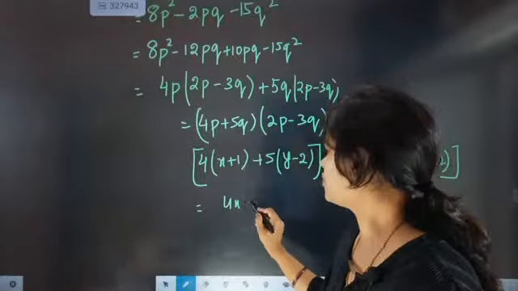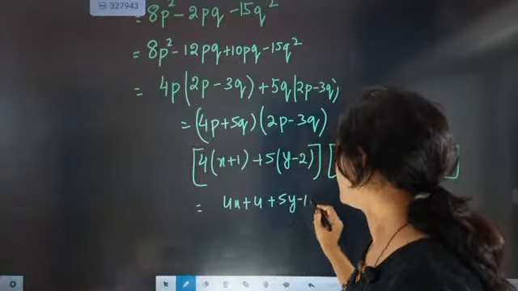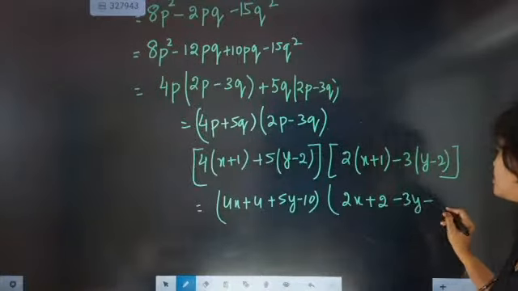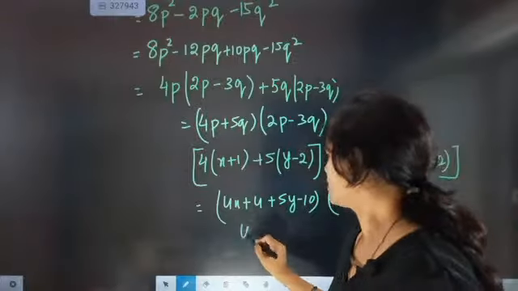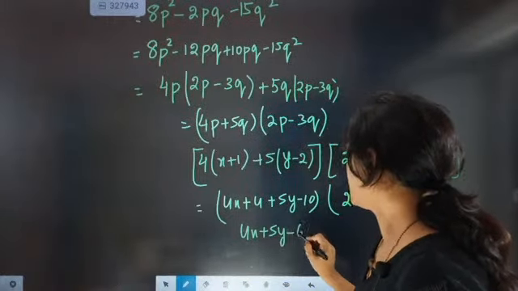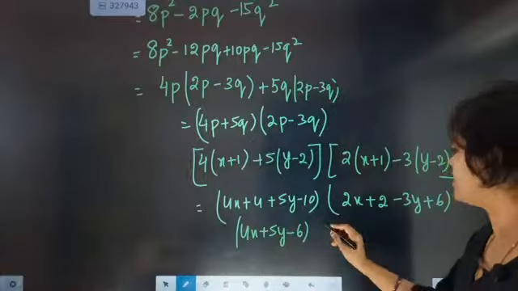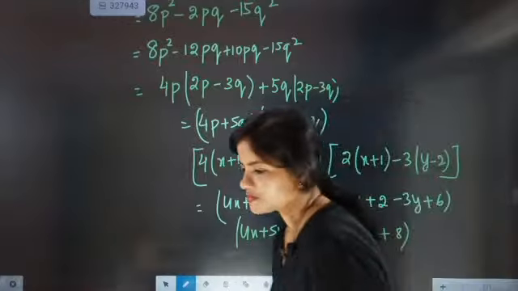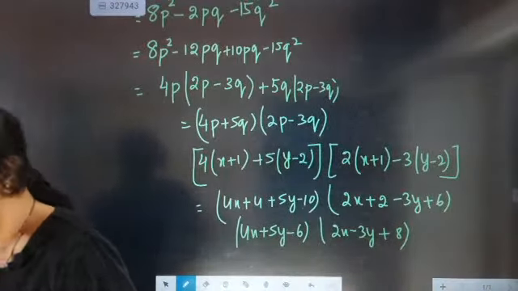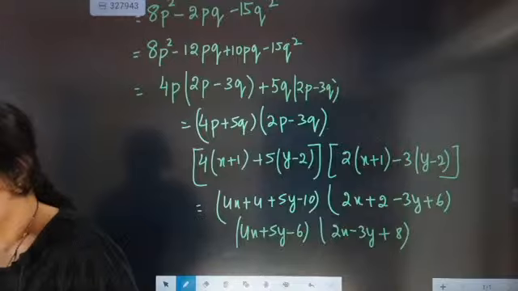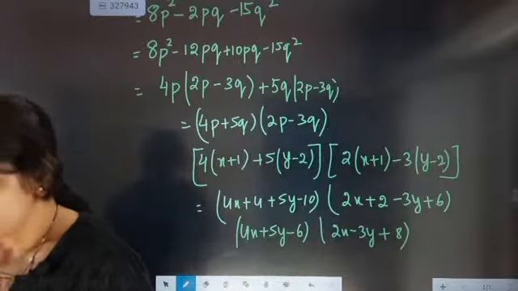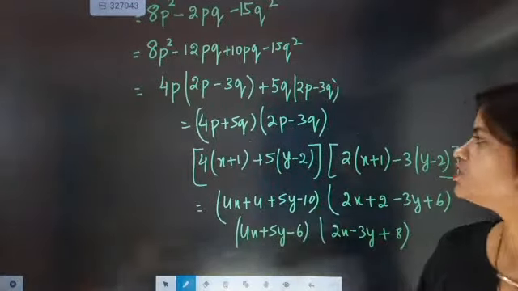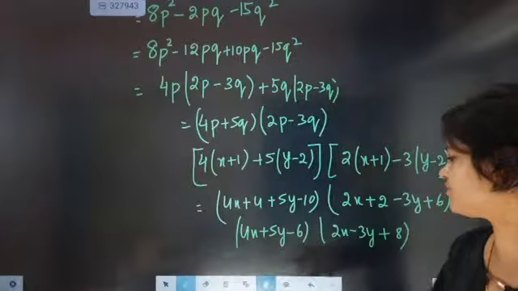So it is going to come as 4x plus 4 plus 5y minus 10, 2x plus 2 minus 3y plus 6. 4x plus 5y minus 6, 4x plus 5y minus 6, 2x minus 3y plus 8. After cancelling we are getting this one now. You can cancel now. You just have to open the bracket. So once you are getting the factors, after getting the factors, you just have to open the bracket and get the answer.